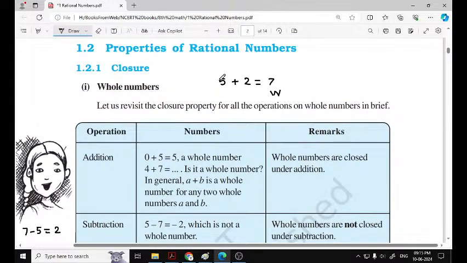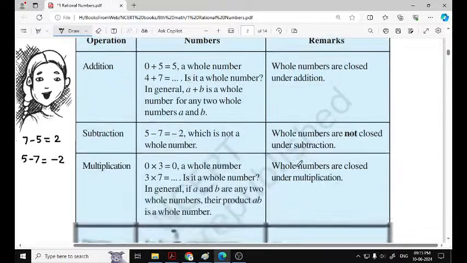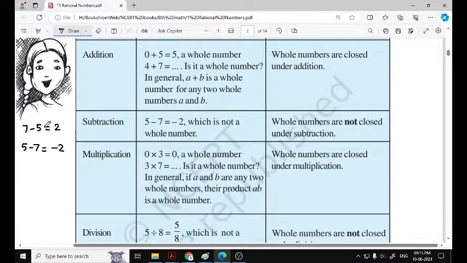Here if you change the order, 2 plus 5, that is also 7, which is a whole number. Therefore, whole numbers are closed under addition. But here if we change the order, the answer is not whole in the case of 5 minus 7.